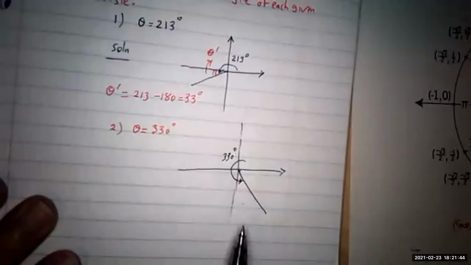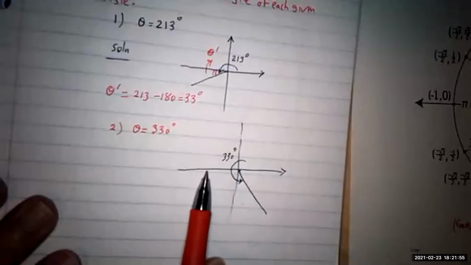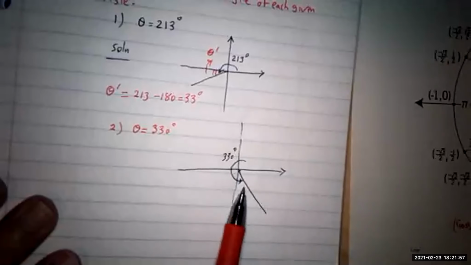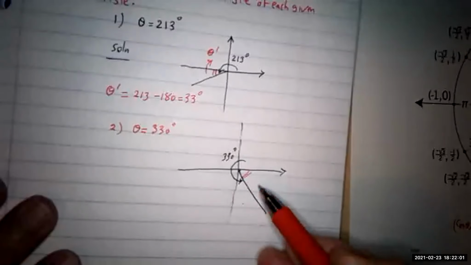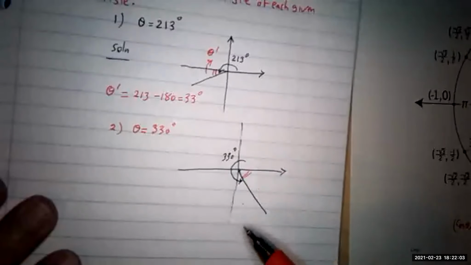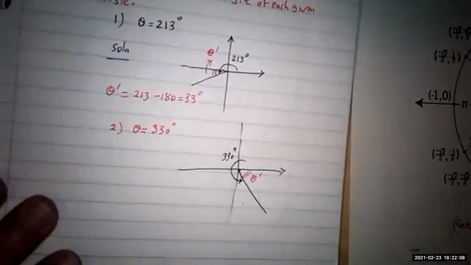So this is going to be your terminal side, and the acute angle between, this is 60. So the acute angle is going to be this one. It must be a little bit up here because it's 270 and 60.